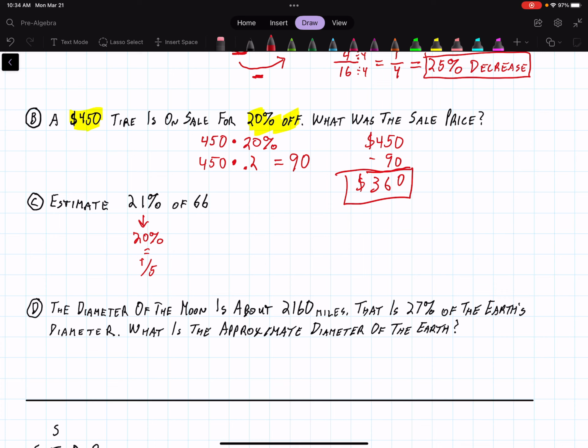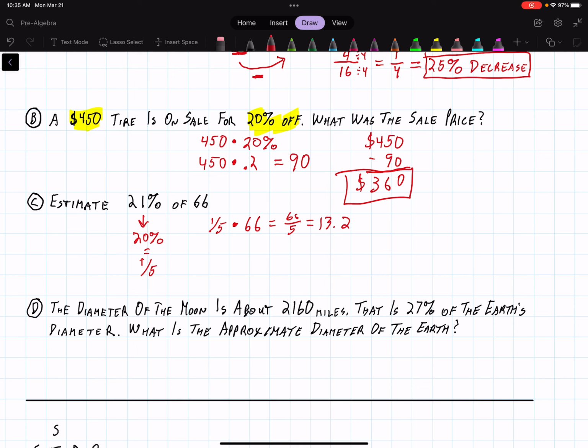So now we're doing 1/5 of 66. We'll say 1/5 of 66 would be a simple 66 divided by 5. And we punch that into our calculator. We get 13.2.